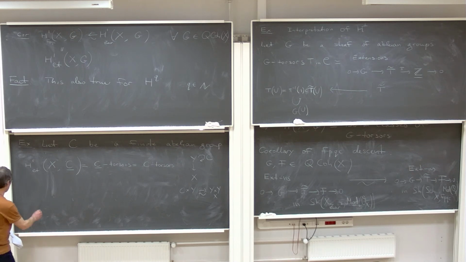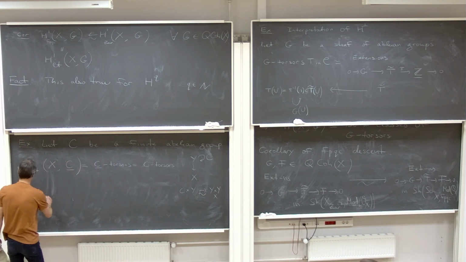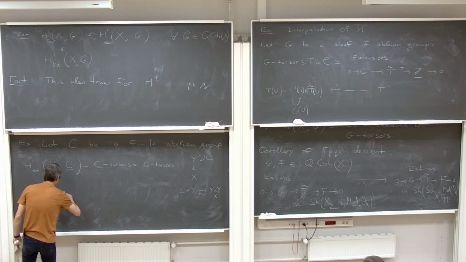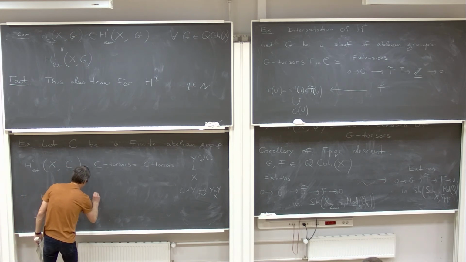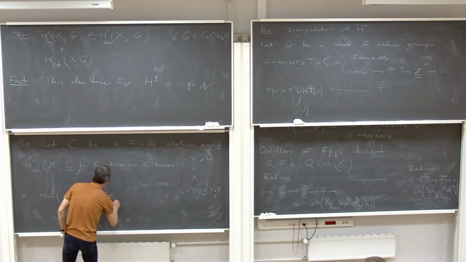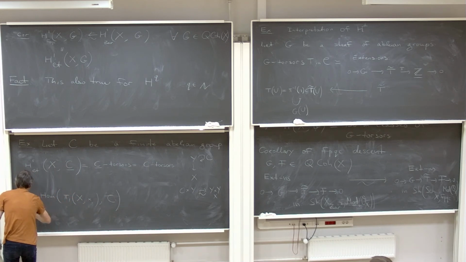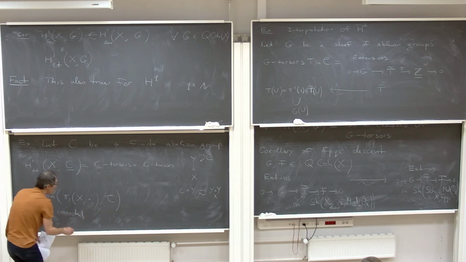Okay? So, in particular, if X is connected, then this can be interpreted as homomorphisms from pi 1 of X, with some base point x0, to C, right? Okay, so why that?